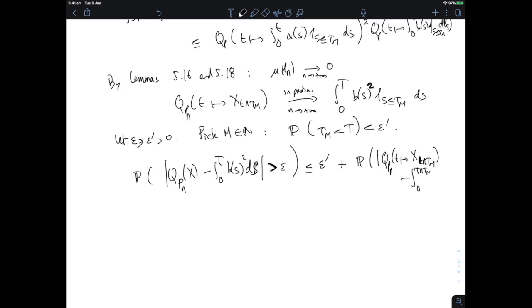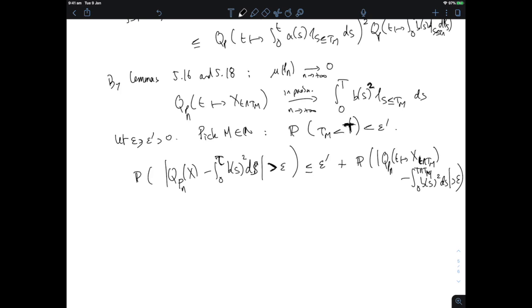Right, I should do that for every little t actually. For every little t I need to pick my... No, I do that on the interval 0 to capital T, and then I look at the process stopped at tau m, and again I use the uniqueness theorem to say that stopping the entire thing is integrating the stopped process, and this minus bs squared ds has to be greater than epsilon.